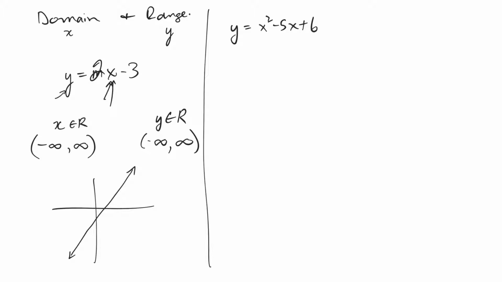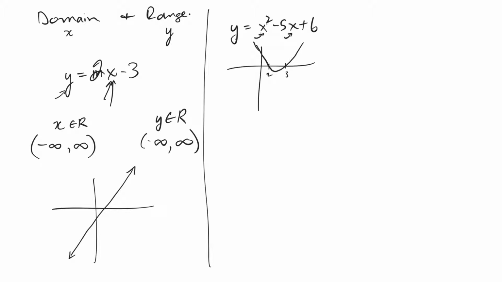With this one, I can probably put anything that I want in for an x value, but depending on what I put in there, there might be some restrictions on what y is. This function is going to look something like this. It's going to be a parabola that looks something like that. I think it crosses at 2 and crosses at 3.